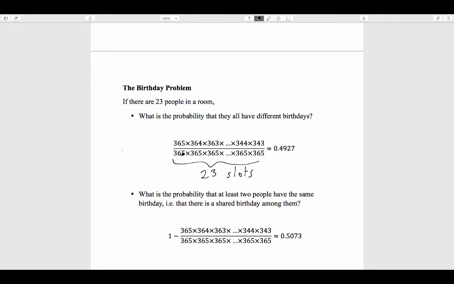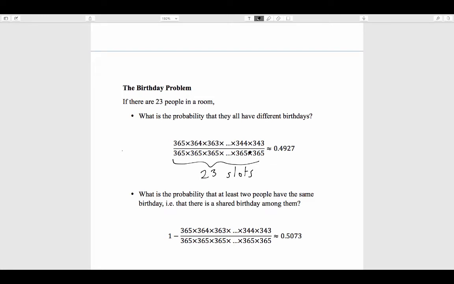You ask person number 1, what's your birthday? You ask person number 2, what's your birthday? So there are 23 slots here, each one filled by a particular number. In the denominator, each slot is filled by 365 because we're counting the total possibilities for the experiment. And in the numerator, that's where the number of possibilities decreases for each subsequent person.